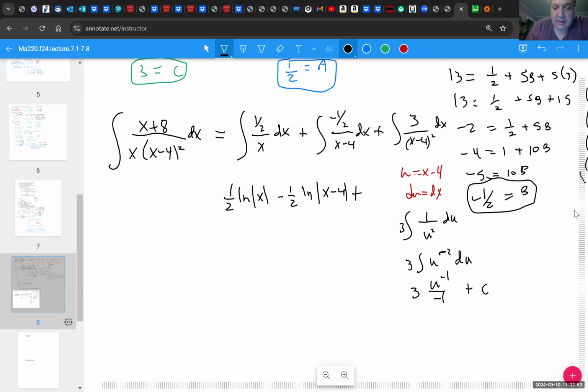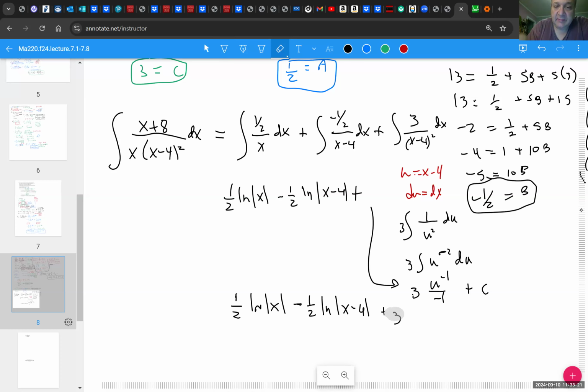And then we get plus this guy down here, which I have to put back in terms of x's. So I'm going to get 1/2 ln of x minus 1/2. That's a minus. I know it doesn't look like a minus. It's a minus, trust me. I'll prove it to you. There's a minus. Ln of x minus 4, and then I get plus 3, or I guess 3 divided by -1 is -3.